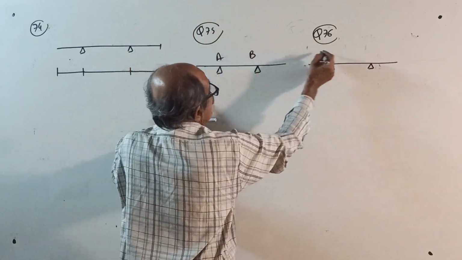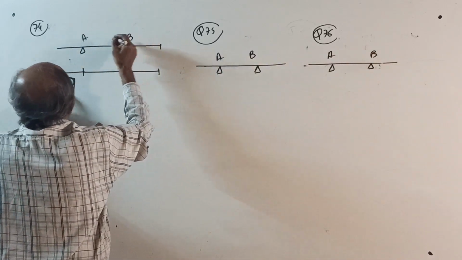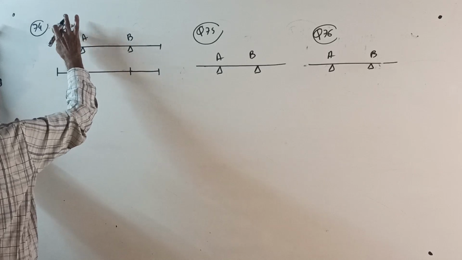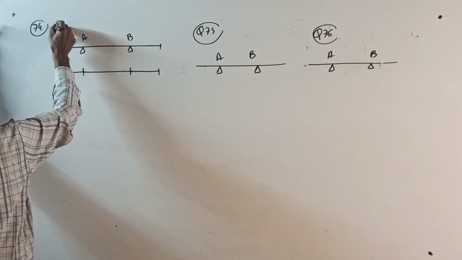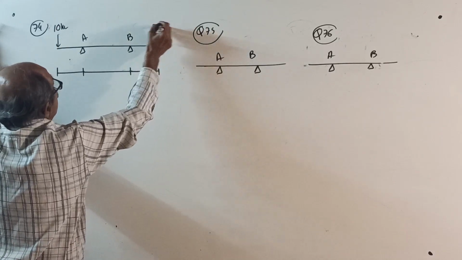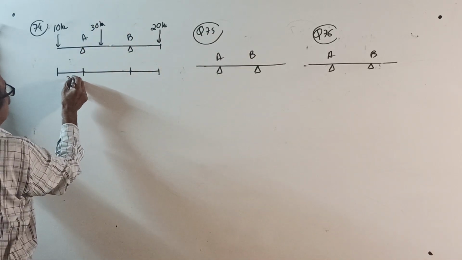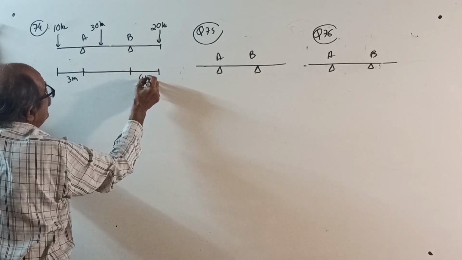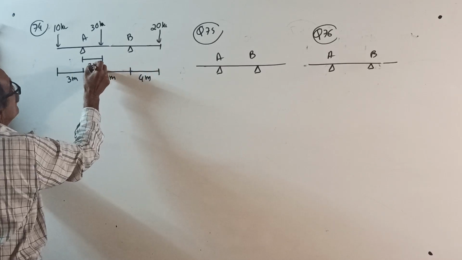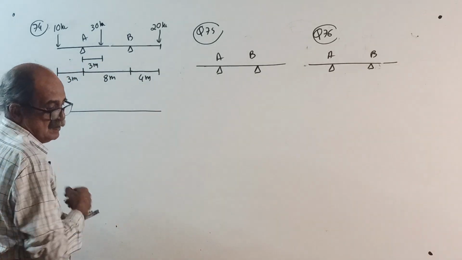AB, AB, AB. Here I will put a point load: 10 kilonewton, 10 kilonewton, 20 kilonewton, 30 kilonewton, 3 meter, 4 meter, 8 meter. This is 3 meter. I'll give the answer and then go to the next question.